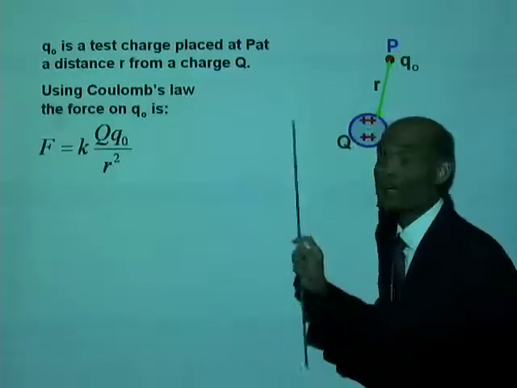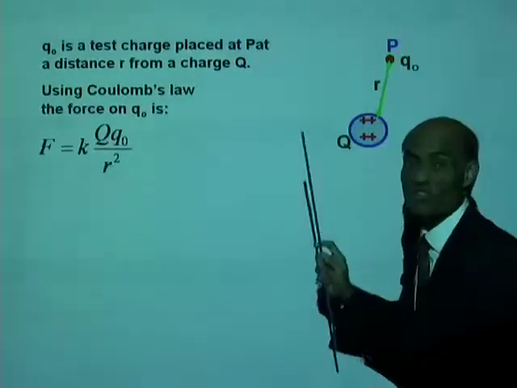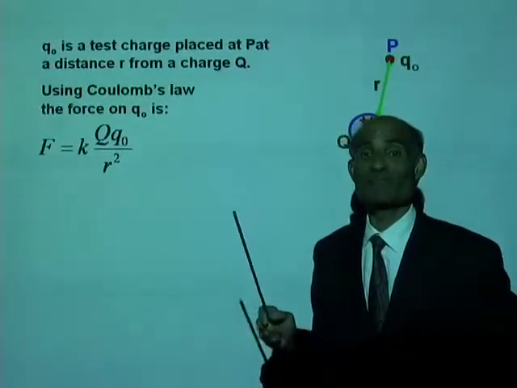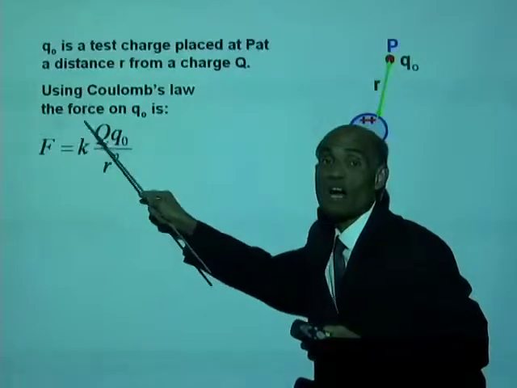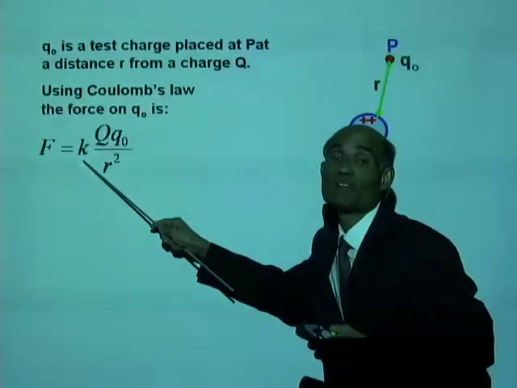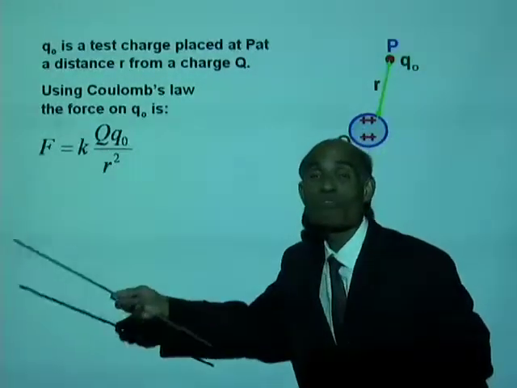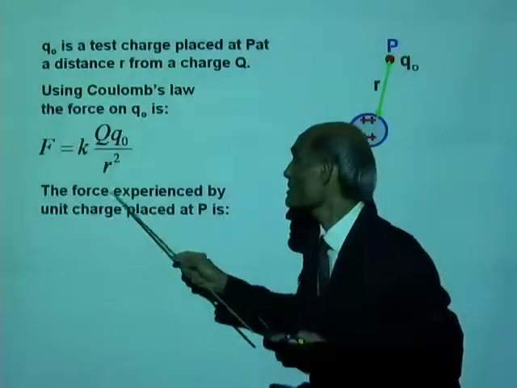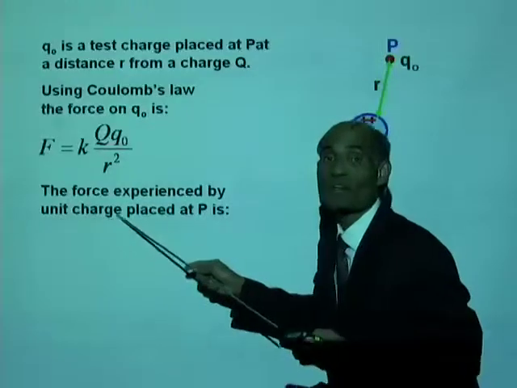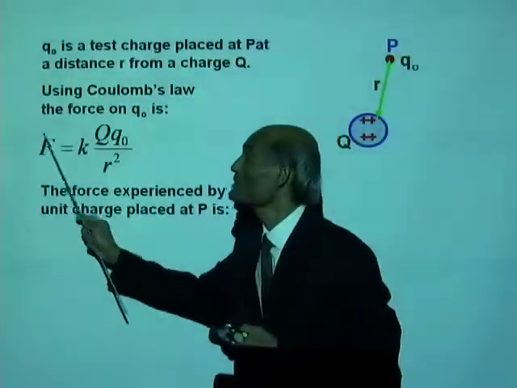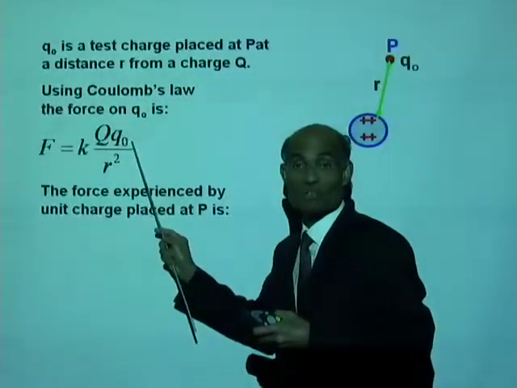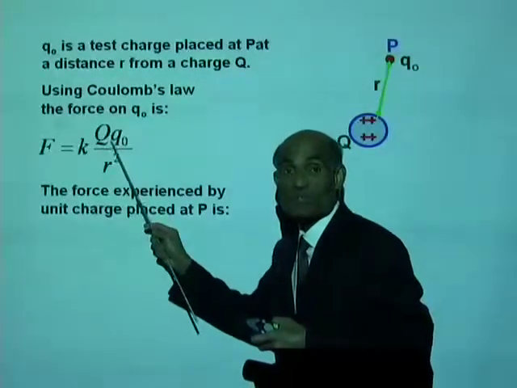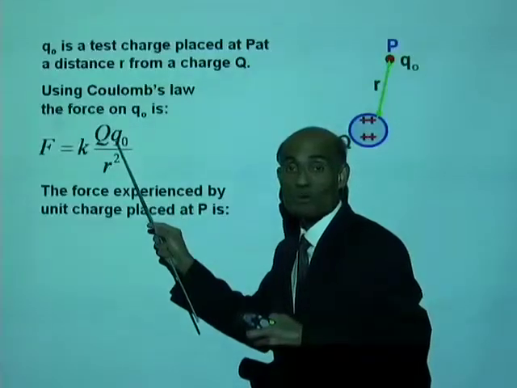And therefore, if I place a unit charge there, what will be the force per unit charge? The force on a charge Q0 is this. What will therefore be the force per unit charge? The force experienced by a unit charge placed at P will be this force divided by Q0, because this force is experienced by a charge Q0.